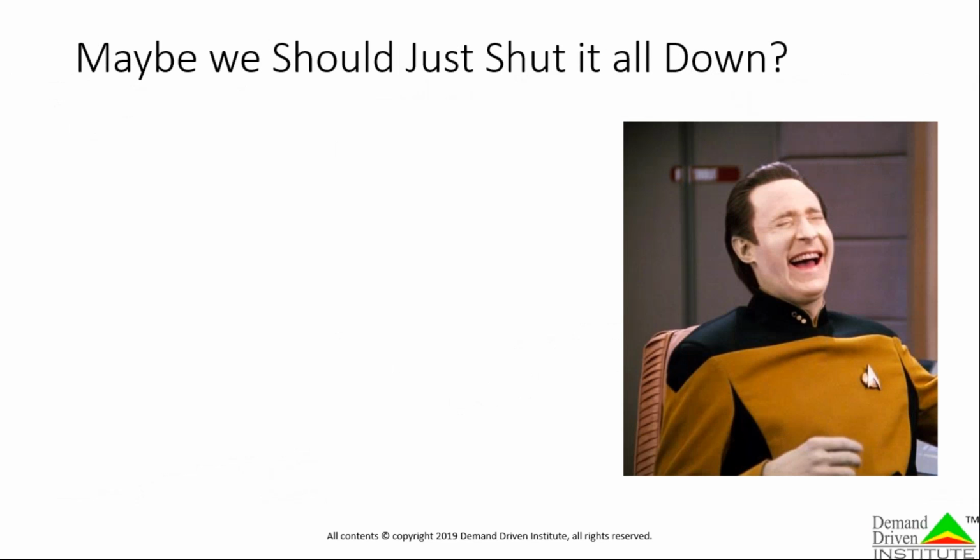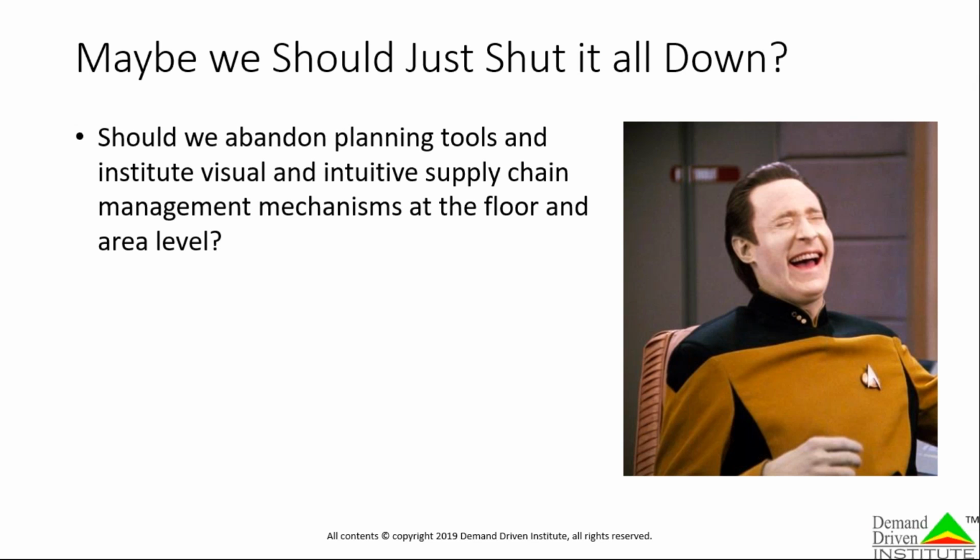So 20 years ago, we had people say, maybe we should just throw it all out, just turn off MRP. And while I can understand the logic behind it in terms of if it's not helping us, it's making it harder, maybe we should just abandon it entirely. But and move to maybe visual and intuitive management mechanisms on the floor, maybe Kanbans, all right?